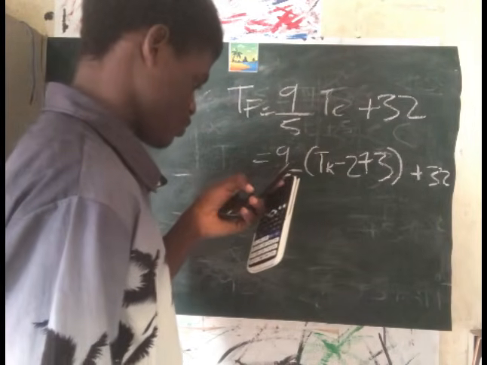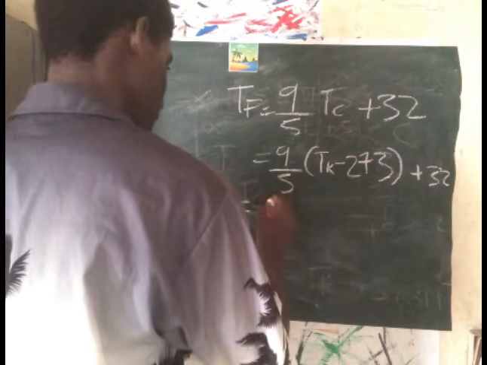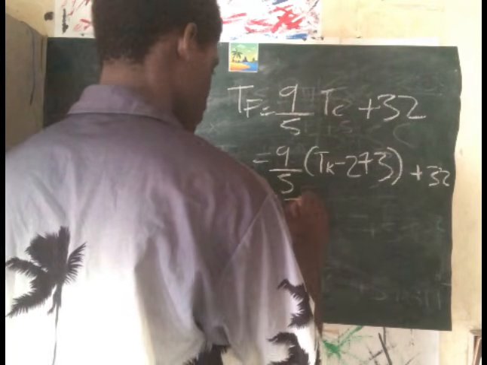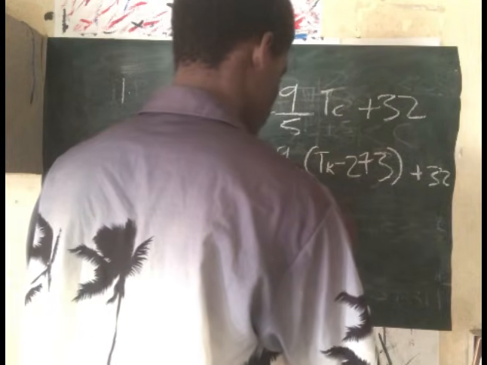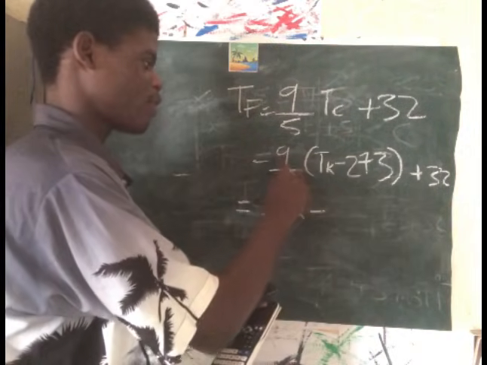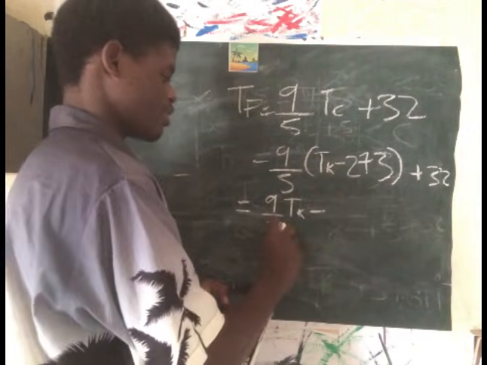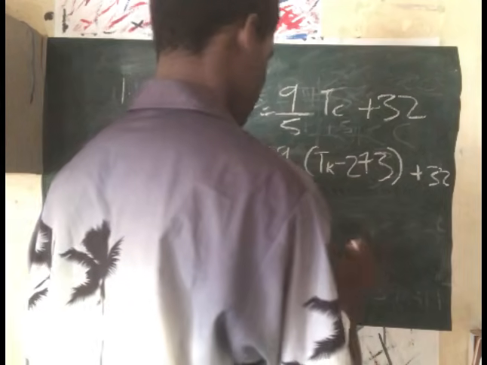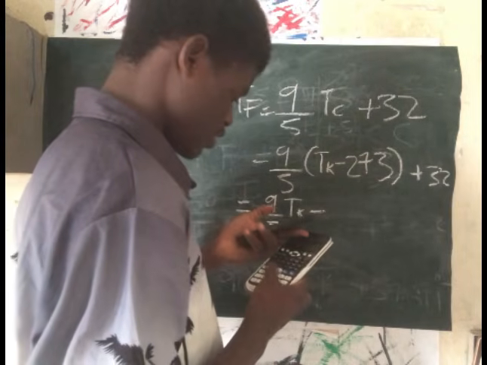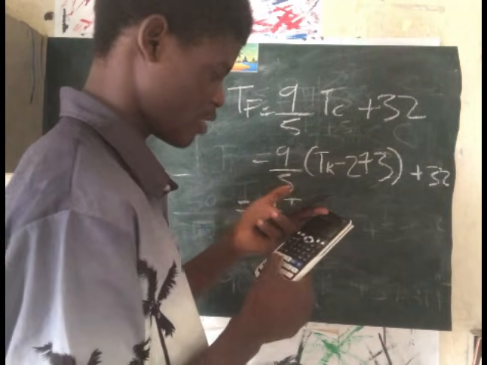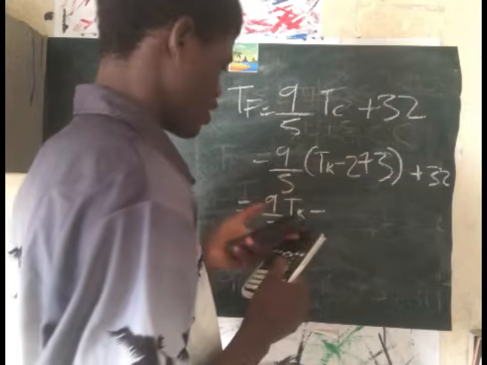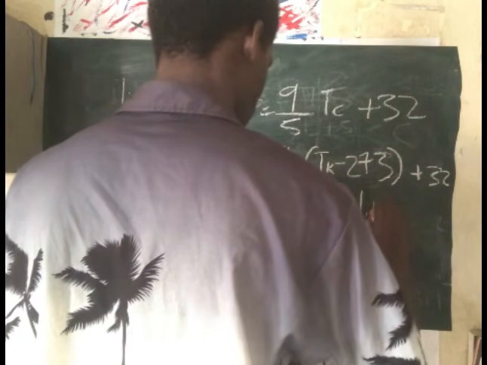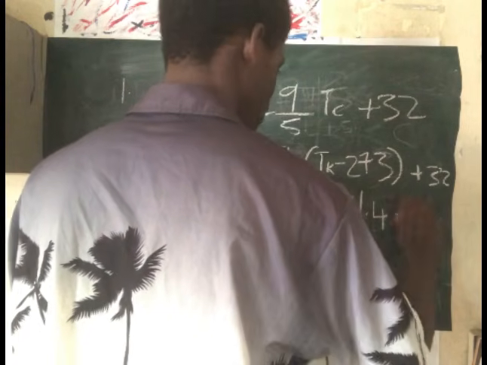So if you look at the option, if we multiply 9/5 times TK is 9/5 Kelvin. We also multiply 9/5 times 273. That's 273 times 9 divided by 5. That's 491.4. Then plus 32.